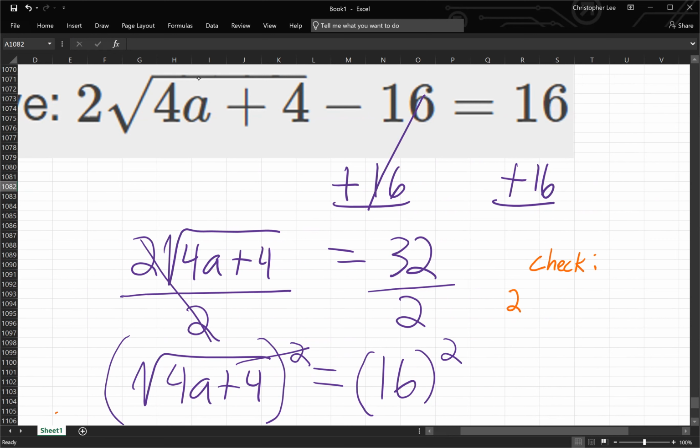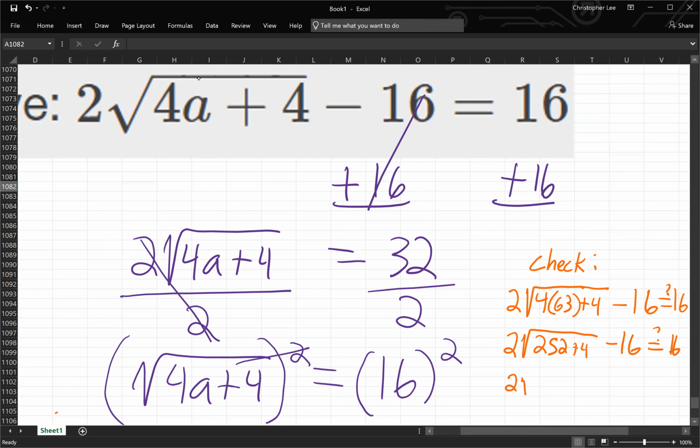So now 2 square root 4 times 63 plus 4 minus 16 allegedly is 16. Let's see. 4 times 63, what's that? So 252 plus 4 minus 16 allegedly is 16. Let's see, so this is going to be 2 square root 256 minus 16.